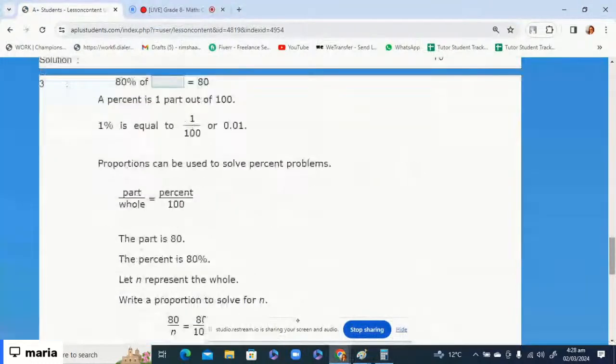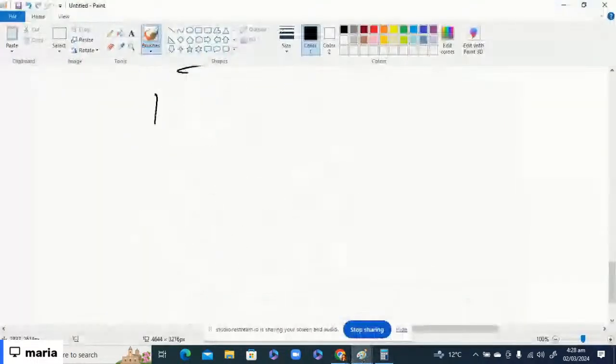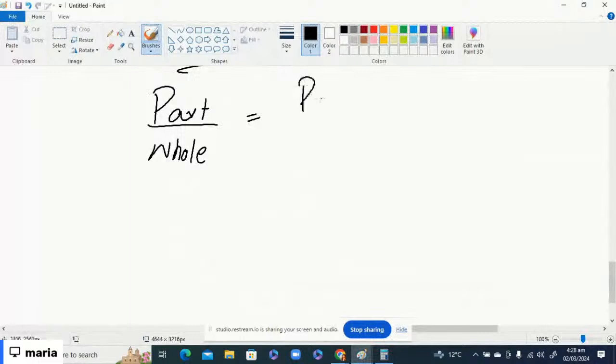Now 80% of which number is 80? 80% of which number is dash, then you get the answer. So here look, now part over whole, that is equals to percent over 100.